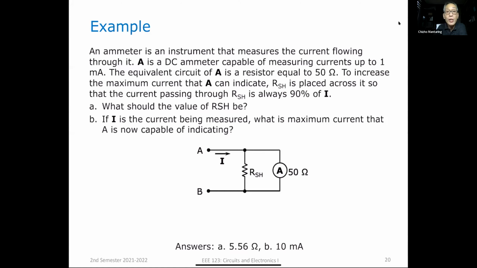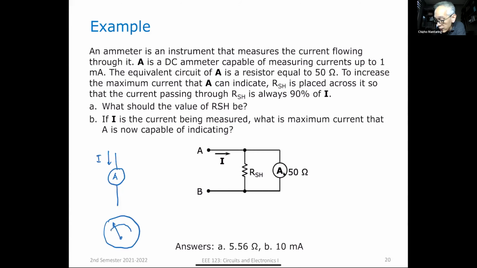An ammeter is an instrument that measures the current flowing through it. So this is my ammeter. This is just my ammeter. The ammeter measures the current that flows through it. So if this is I, when you look at the face of the ammeter, let's say it is an analog ammeter, you have a needle and a scale.